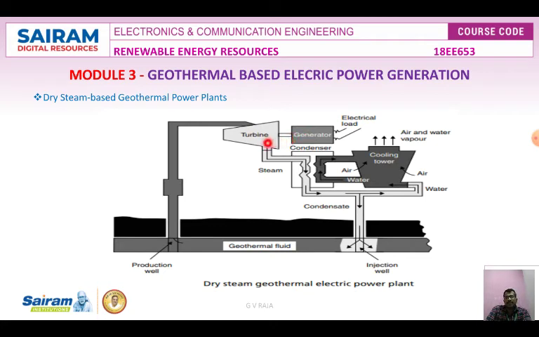Again, the steam which passes through the turbine becomes low power steam. That steam is given to the condenser. So again the steam is converted into water and the water is given back to the injection well. This is nothing but a dry steam based geothermal power plant.